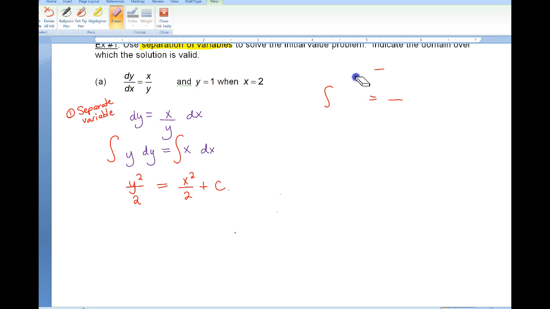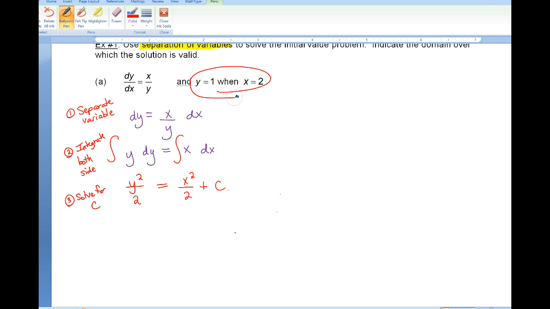Okay, so let's continue. Step 1 was to separate the variables. Step 2, we're going to integrate both sides. Step 3 is going to be solve for c. So that's where our condition comes in. So y equals 1 when x equals 2.